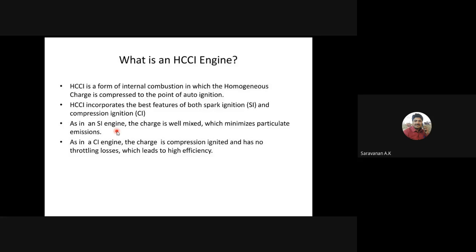The characteristic feature of the traditional SI engine is flame propagation for the combustion.